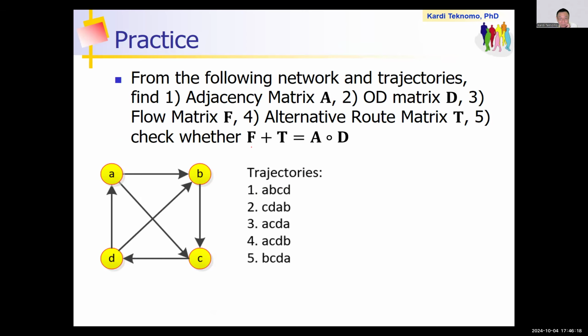You can practice this with the trajectories in the same network from a while ago, and you can start to see that the direct link flow and alternative link flow, not the TC, but the T itself, when you add them, are exactly the same as A times T. This is a very important formula that we can use.